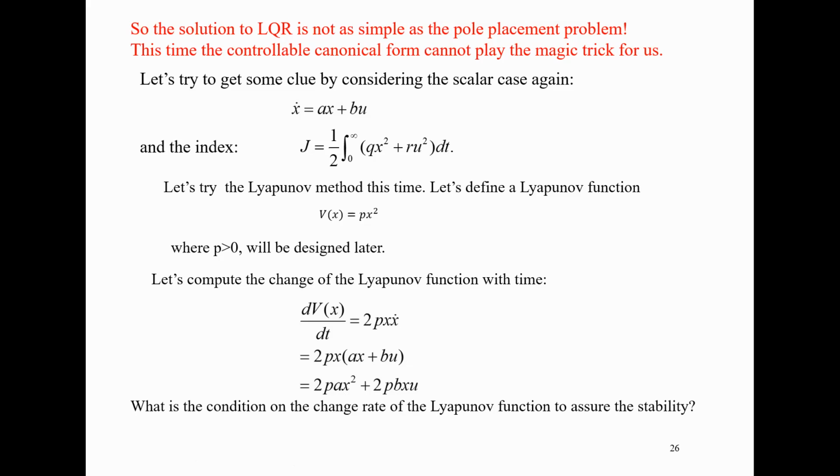You have learned that, right? In part 1, what is the condition on the change rate of the Lyapunov function? Has to be negative, right? Have you learned that? In part 1.